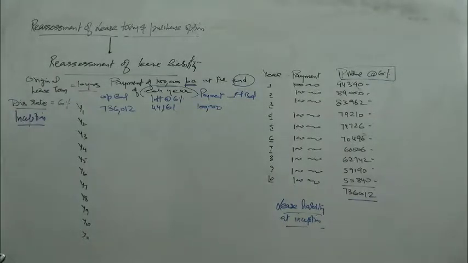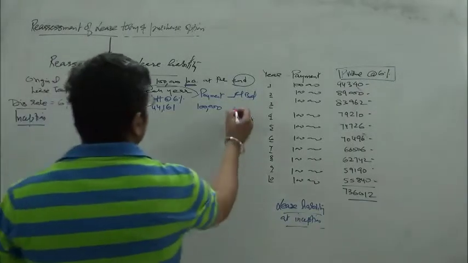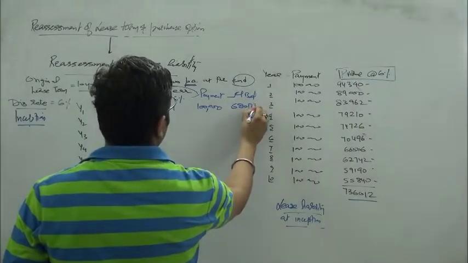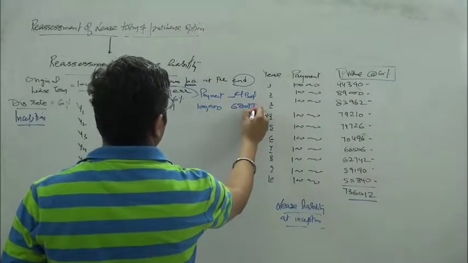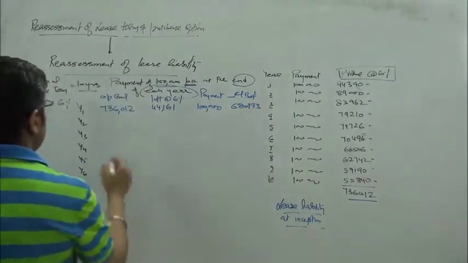So the calculation comes at 680,173. So very quickly I want to run through this calculation.